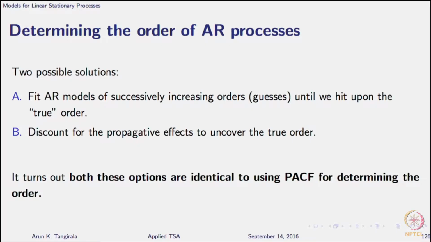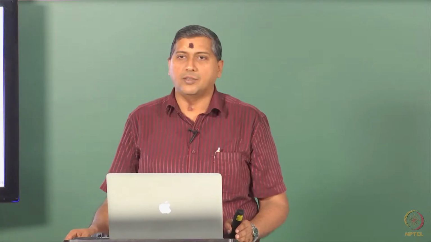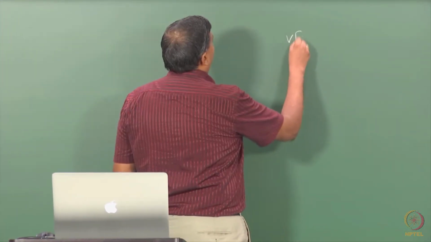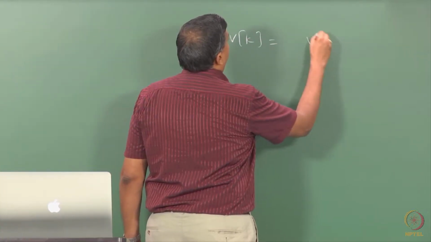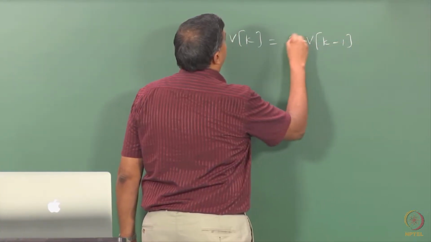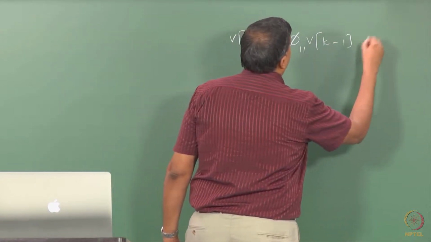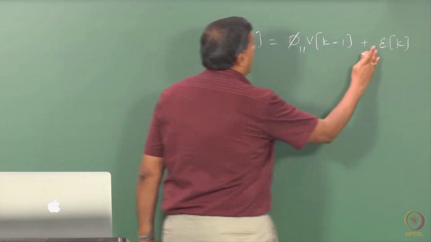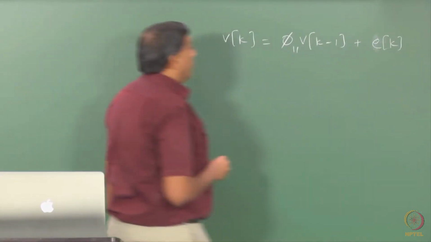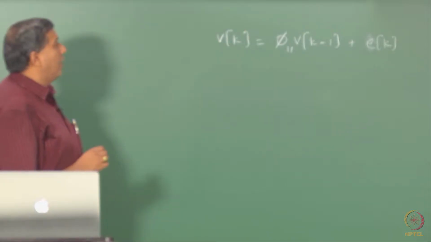Intuitively, how are we estimating the PACF? We can discuss from lag 2 onwards, because at lag 1 the PACF is the same as the ACF. So, at lag 2 what am I doing? I fit a first-order AR model for Vk, let us call this phi 11 times V(k-1), plus some epsilon k. If we force fit, we pretend that the residuals will have white noise characteristics.